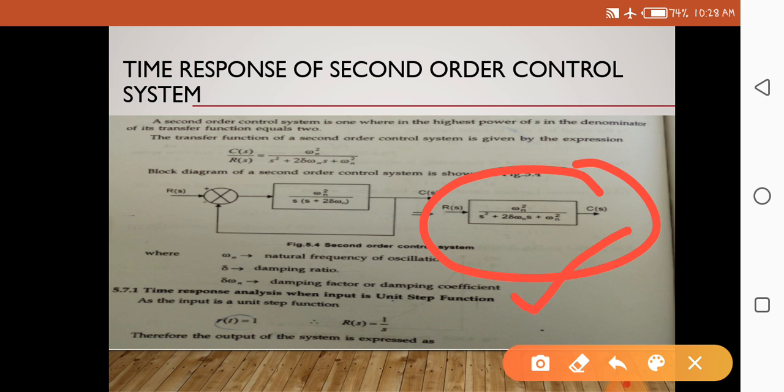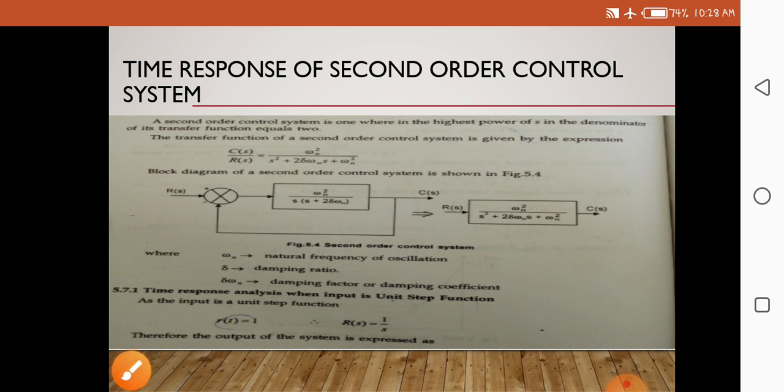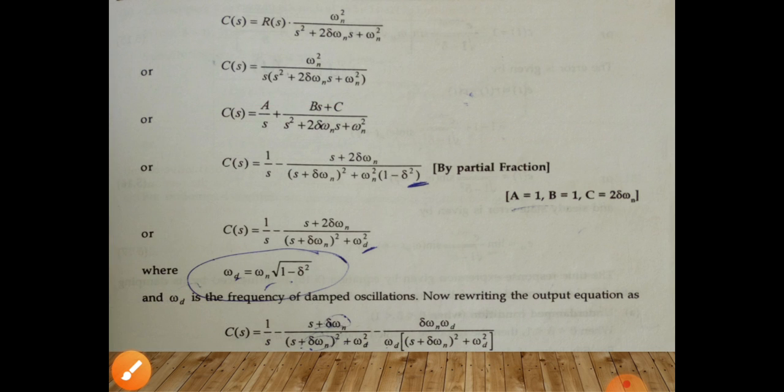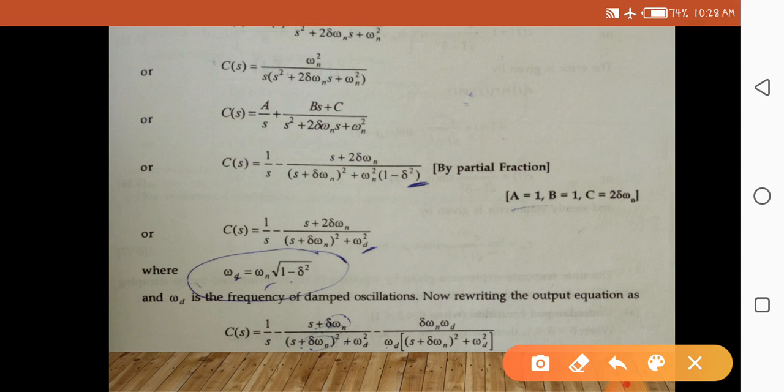We calculate one by one for input test signals. First of all, time response analysis when the input is a unit step function. So R(t) equals 1 and R(S) equals 1 upon S. So C(S) equals 1 upon S times omega n square upon S square plus 2 delta omega n S plus omega n square.